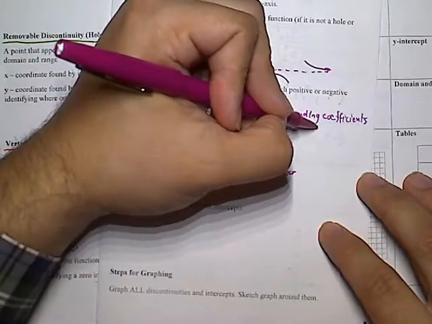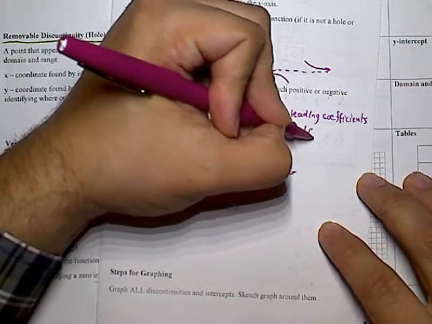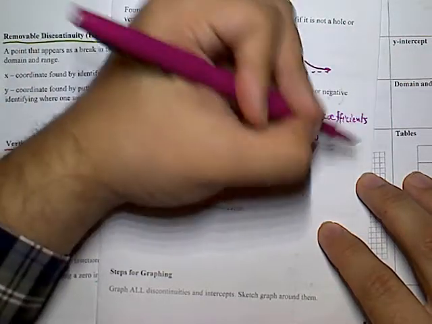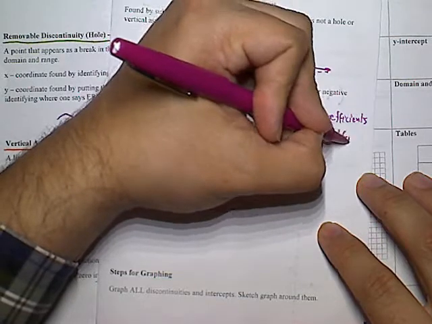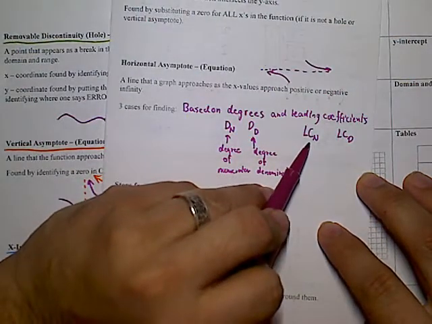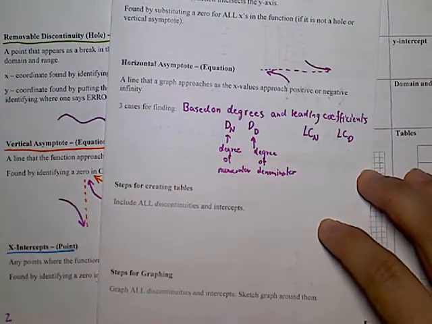The leading coefficients I'm going to know as LC sub n and LC sub d: the leading coefficient of the numerator, the leading coefficient of the denominator. It's important to distinguish between them.